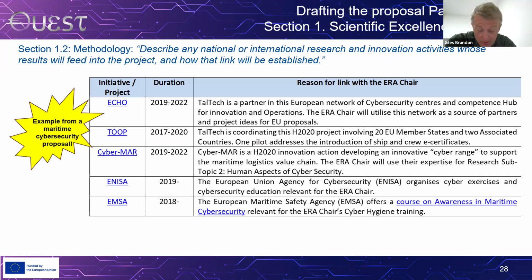I could spend forever explaining why it was a pleasure writing this proposal. But one of the things that became evident when I was invited to help work with them was that they had such a number of current or recent projects which would somehow contribute to this ERA Chair. So I came up with a simple table.